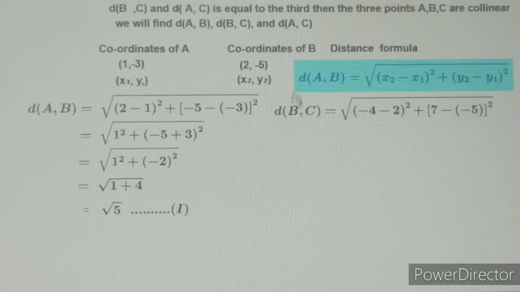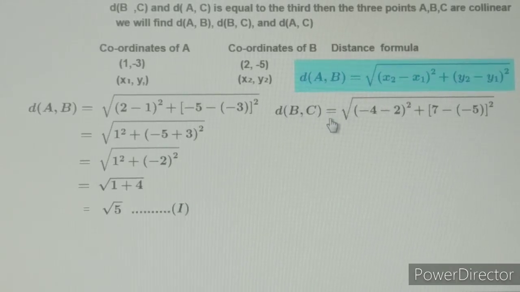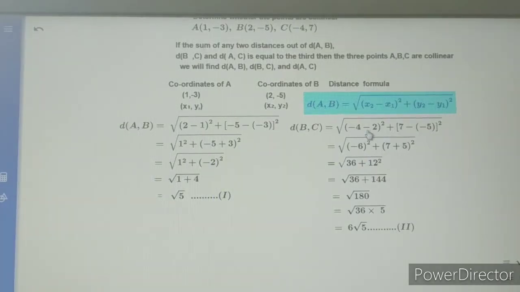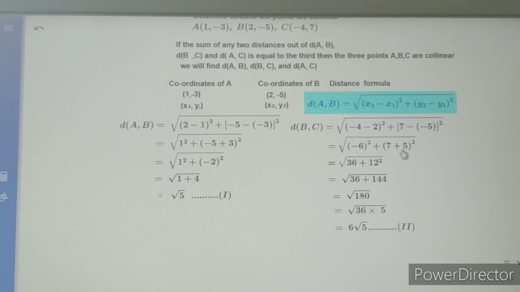We have coordinates of B and C. By putting these coordinates in the distance formula, we will find distance BC. Here -4 minus 2 is -6, and here minus minus plus, and therefore here 7 plus 5.